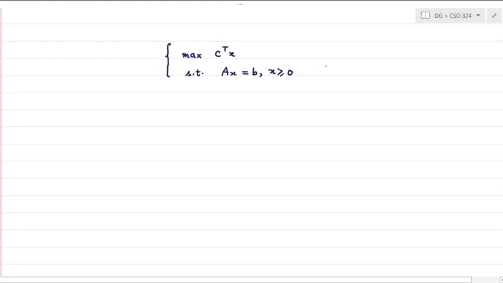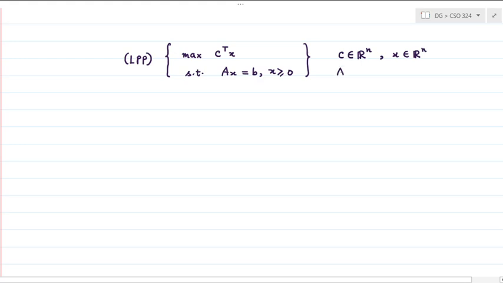Standard form of LPP. So once I am speaking LPP, by that we will always refer to the standard form of LPP. So if I am just speaking LPP, by that I will mean this problem only, where C is a constant vector in the n-dimensional Euclidean space. X is the generic variable, X is in Rn.